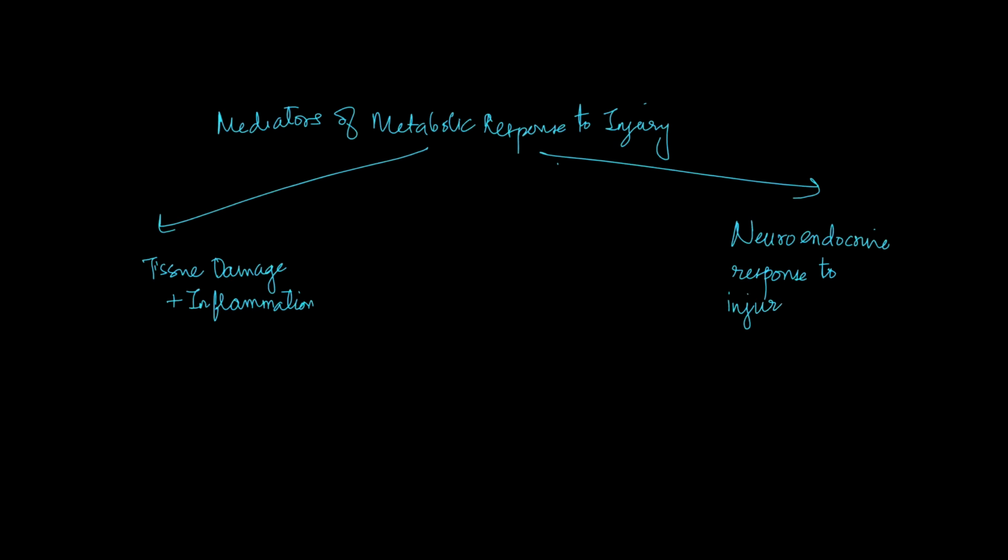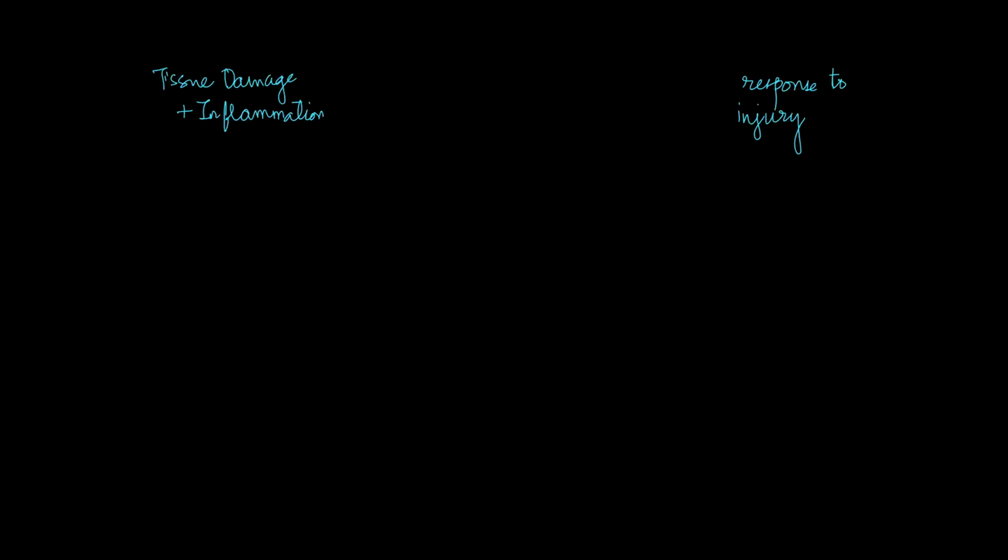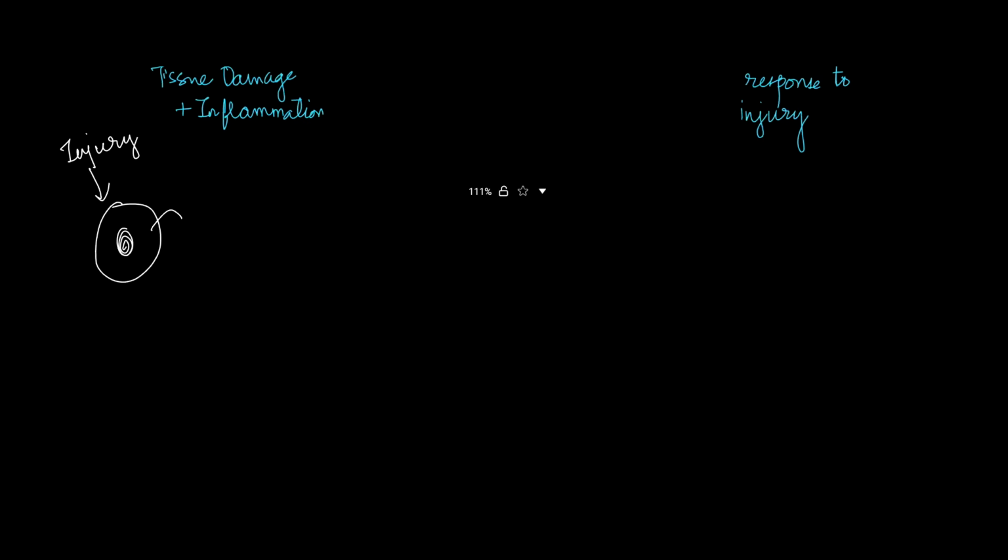So, starting off with tissue damage and inflammation. Whenever there is any injury to any tissue, for example, this tissue, this leads to the release of damage associated molecular patterns, also known as alarmins.